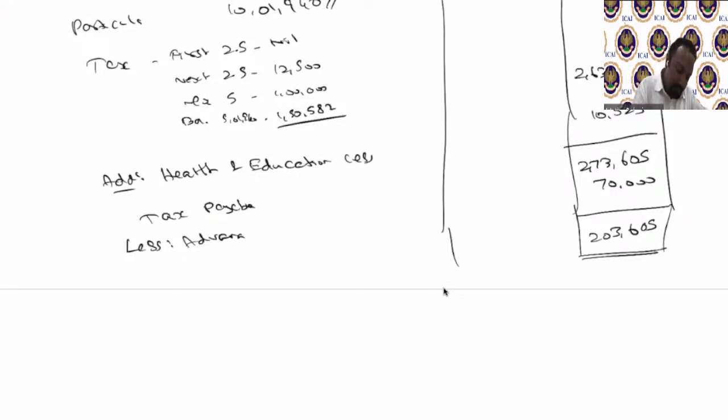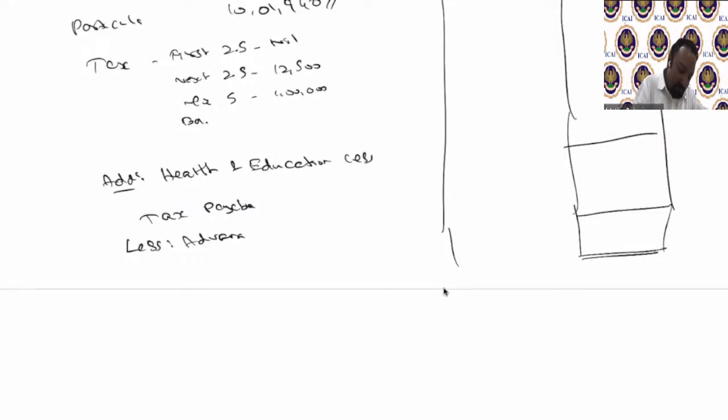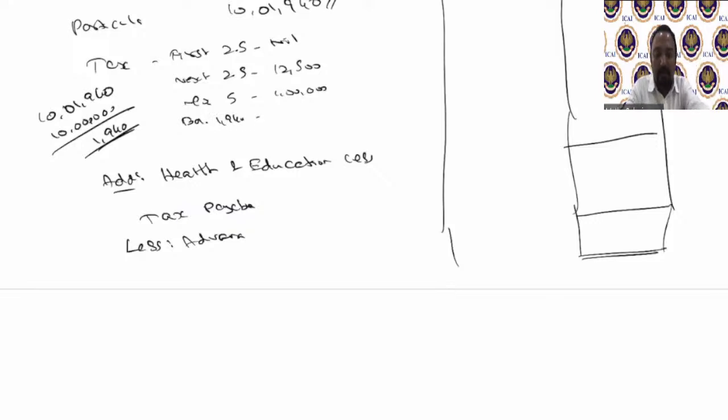Again, I've made a mistake here. I'm really sorry. So the balance is actually 10,01,940 minus 10 lakhs. So it is 1,940. So 1,940 into 30%, so that's what we need to do. Really sorry. So 1,940 into 30% is 582.